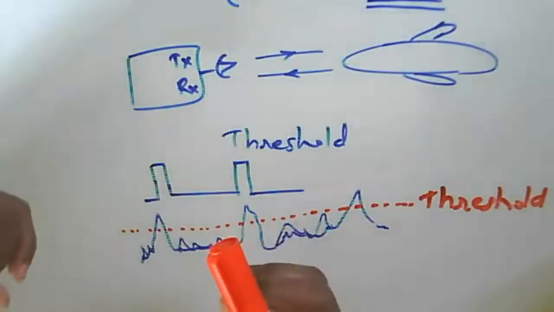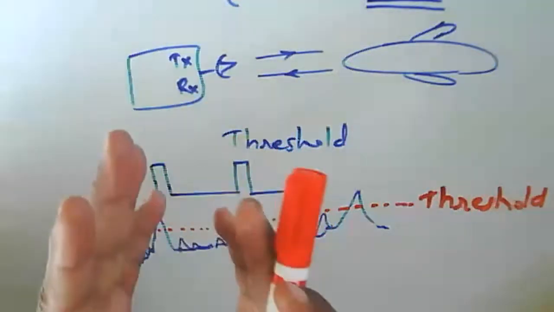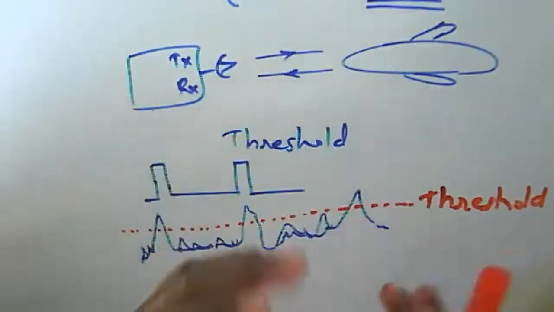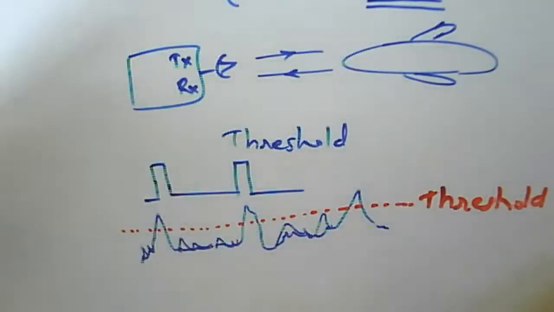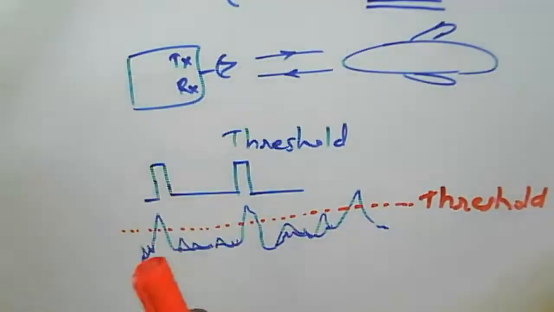For that purpose, there is an IF filter and a matched filter in your radar block diagram, and that matched filter will find out the level of the signal there. Generally it is detecting the given signal.